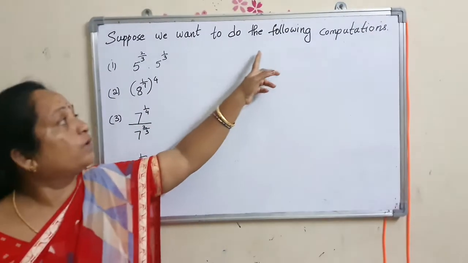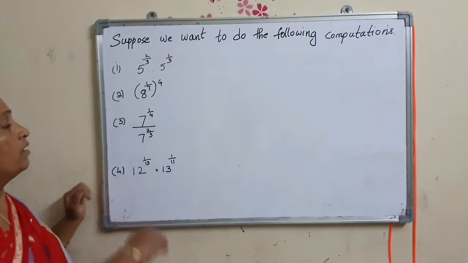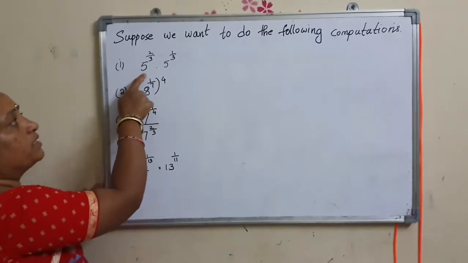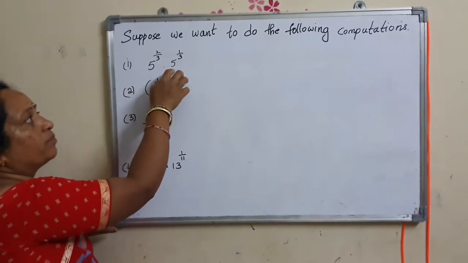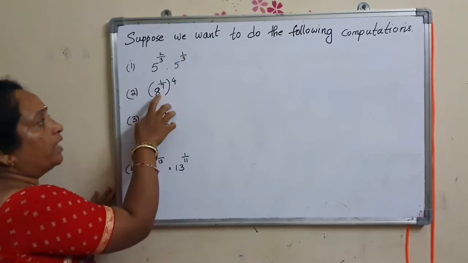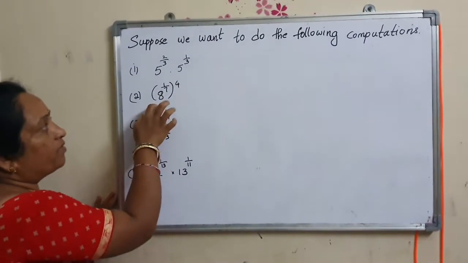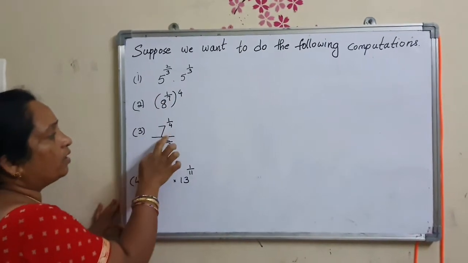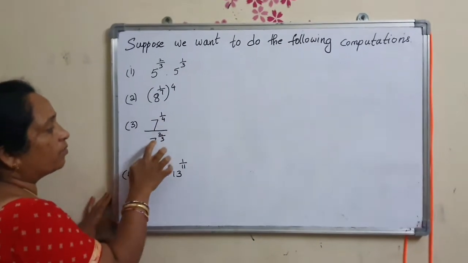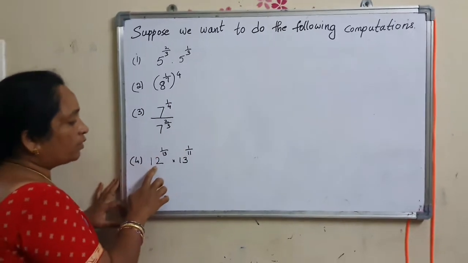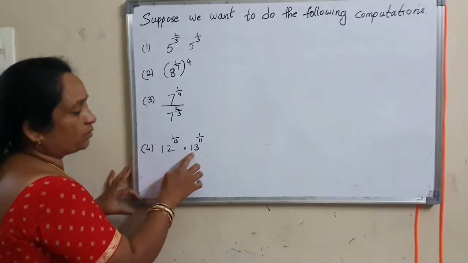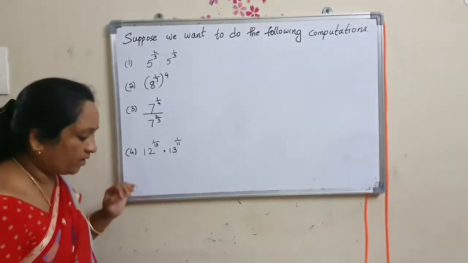Suppose we want to compute the following. The first example is 5 power 2 by 3 into 5 power 1 by 3, 8 power 1 by 7 whole power 4, 7 to the power 1 by 4 by 7 to the power 2 by 3, 12 to the power 1 by 3 into 13 to the power 1 by 11.